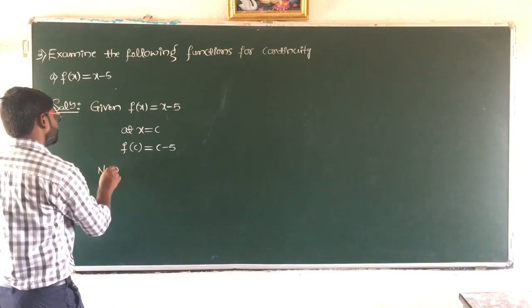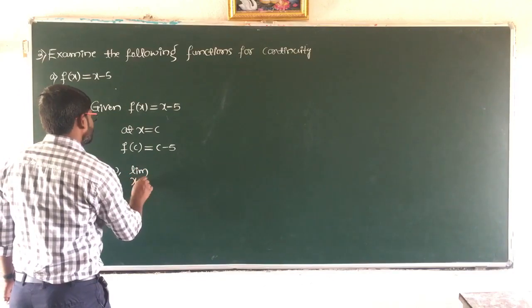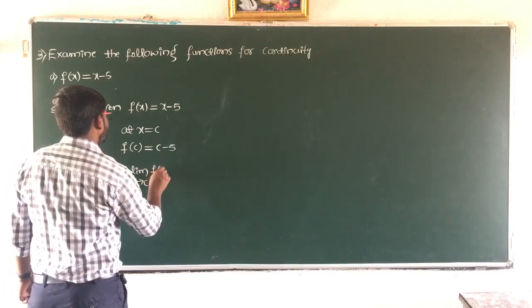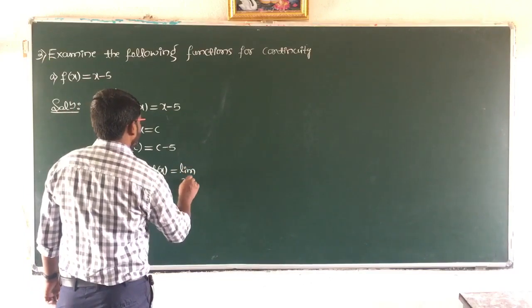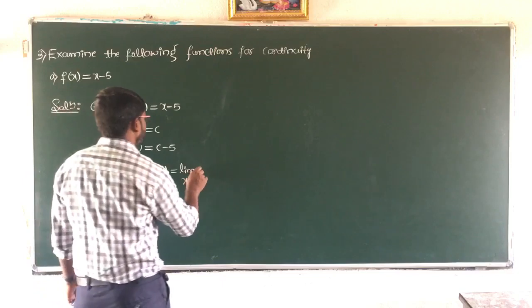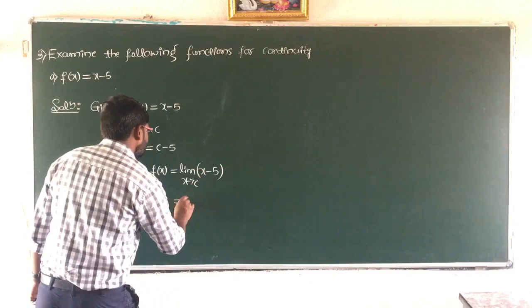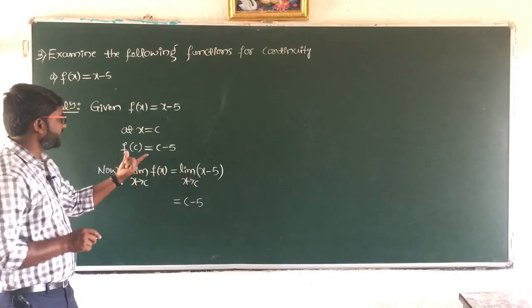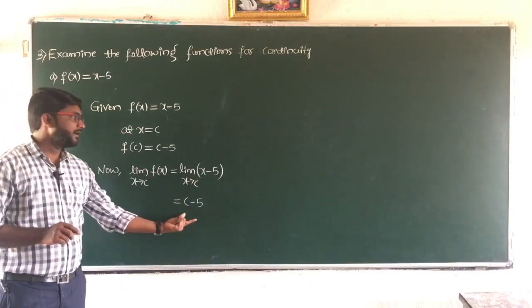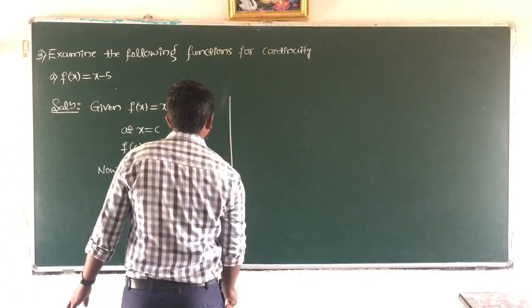Limit x tends to c f of x is equal to limit x tends to c. What is f of x now? It is x minus 5. So now we get c minus 5. If you apply the limit, we get c minus 5. So here the value of the function and the limit of the function are both equal, then the function is continuous at x equal to c.